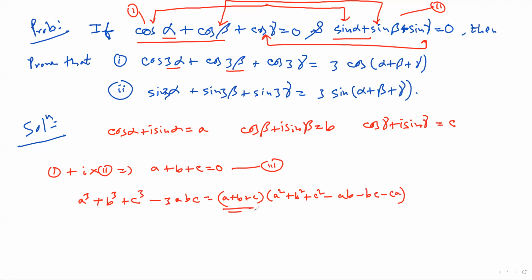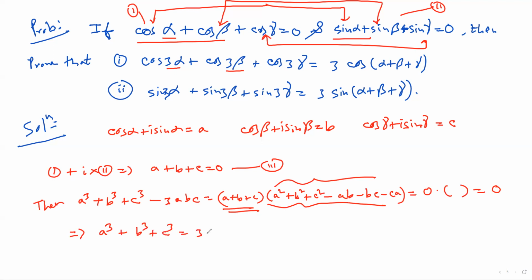So if A plus B plus C equals 0, then A cube plus B cube plus C cube minus 3ABC is going to be 0 times this whole thing. And whatever the value of this whole thing is, doesn't matter. The result is going to be 0, which means A cube plus B cube plus C cube equals thrice ABC.